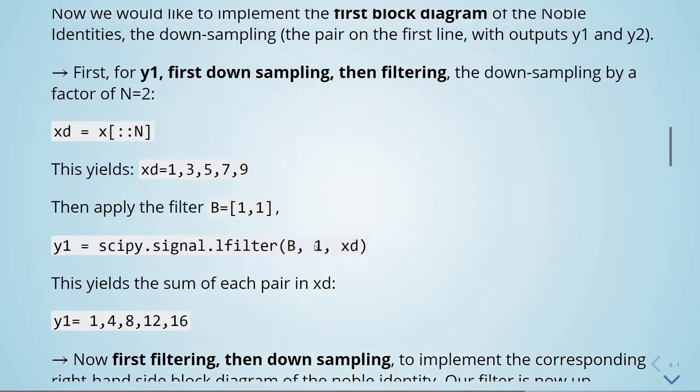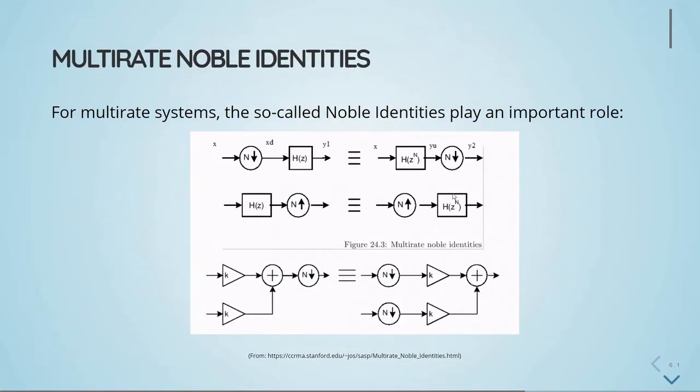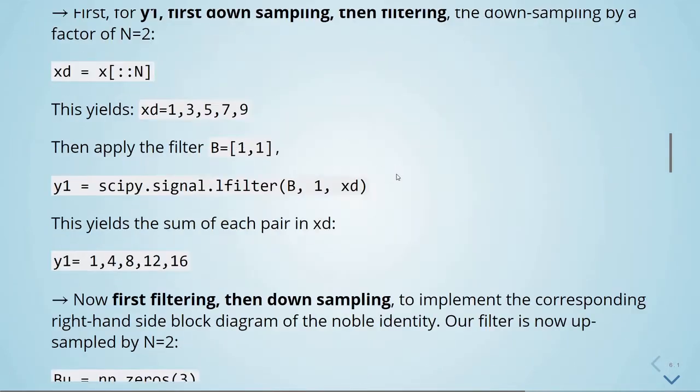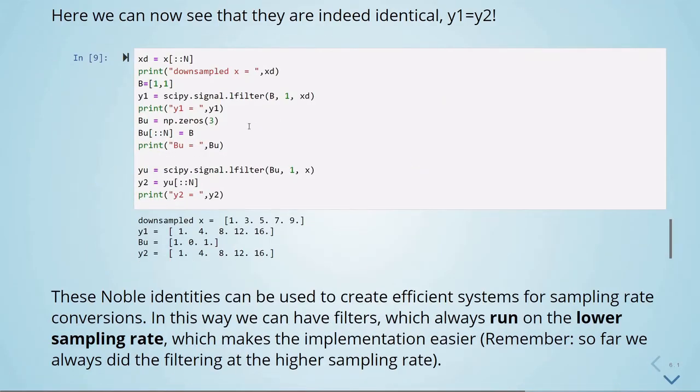So we're implementing these parts here when we're showing that y1 is equal to y2. The difference here is that first here we downsample and then we filter, but here we first filter by an upsampled version of the filter, and then we downsample. So this is what is implemented here.